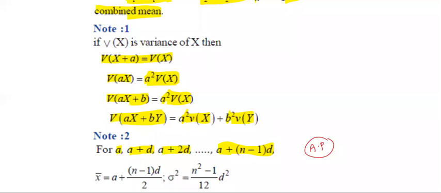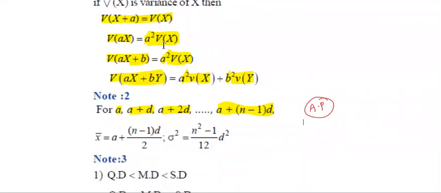So in that arithmetic progression, how to find mean and variance? Mean means sum of the observations divided by total number of observations. We know the formula. Or otherwise, this is a shortcut method: x bar is equal to a plus n minus 1 into d by 2.